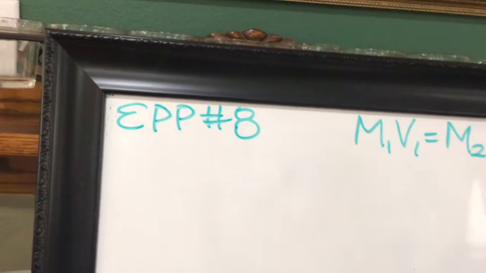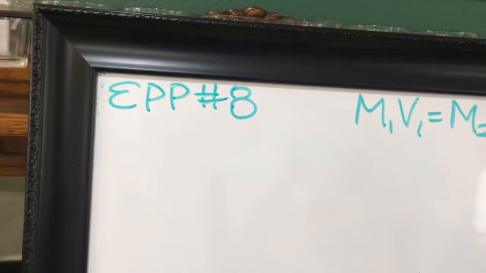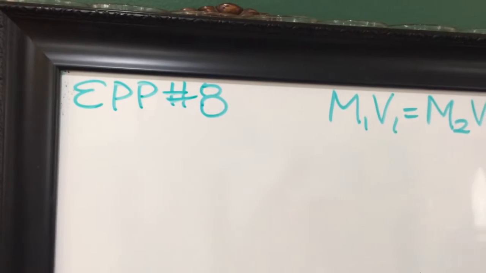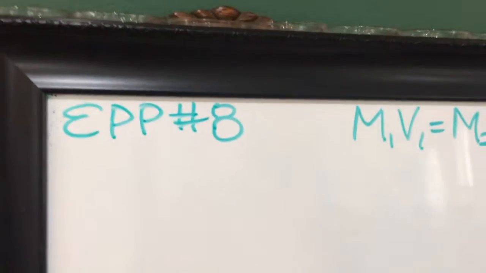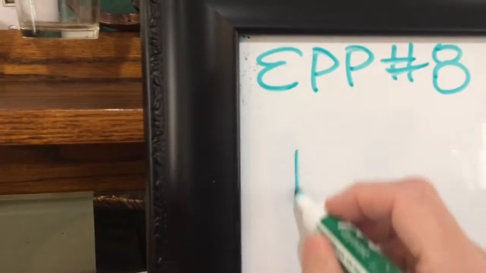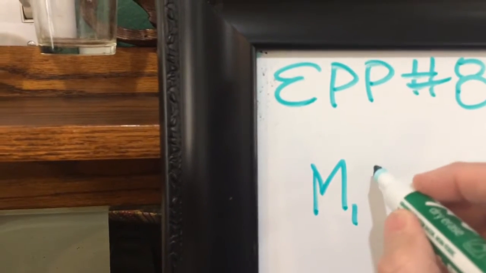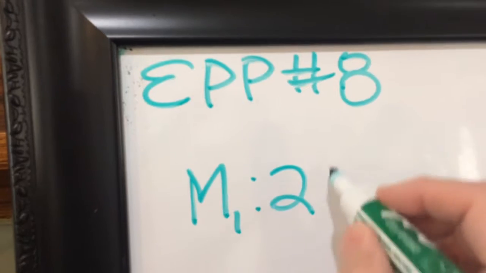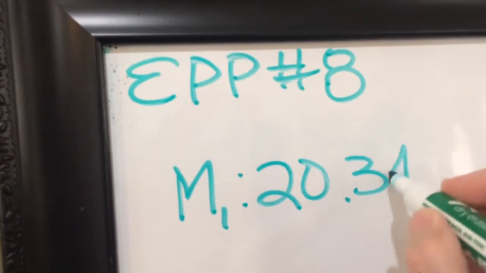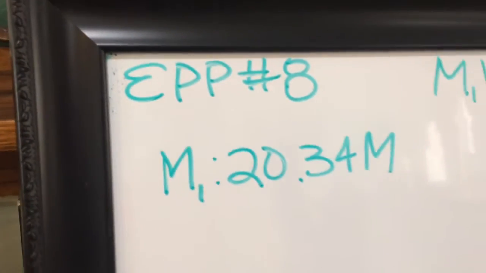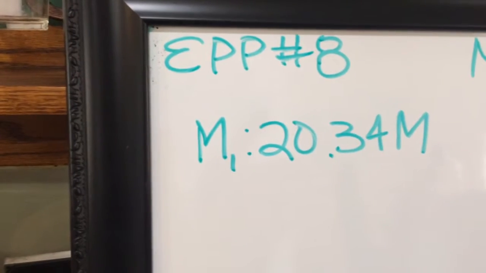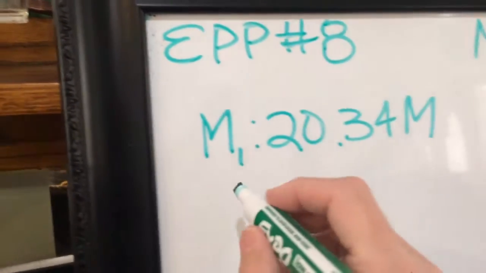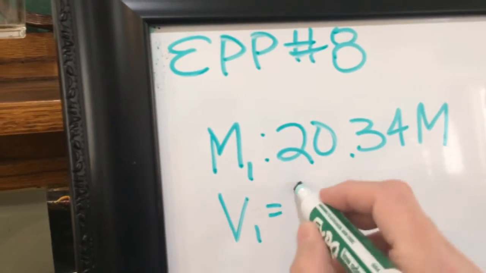Okay, so we have the chemist has a stock solution that is 20.34 molarity. Okay, that is my M1. That is my concentration of the original, 20.34 M. Okay, so now the question is actually, what is my original volume? That's what I don't know.